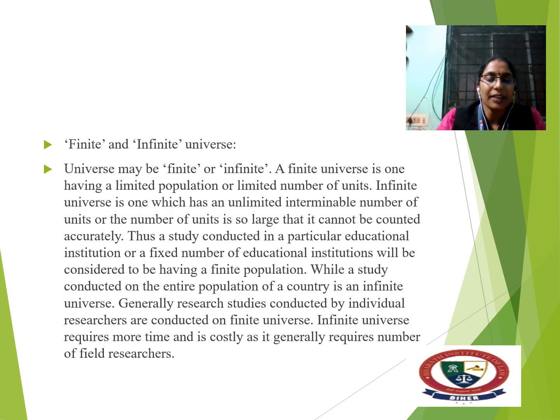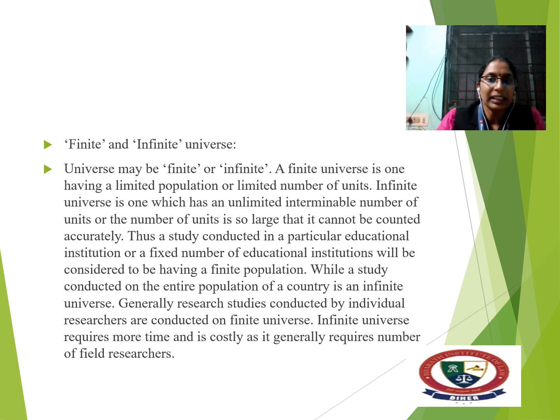Finite and infinite universe. Universe may be of two types, finite or infinite. A finite universe is one having a limited population or limited number of units. An infinite universe is one which has an unlimited, interminable number of units, or the number of units is so large that it cannot be counted accurately.